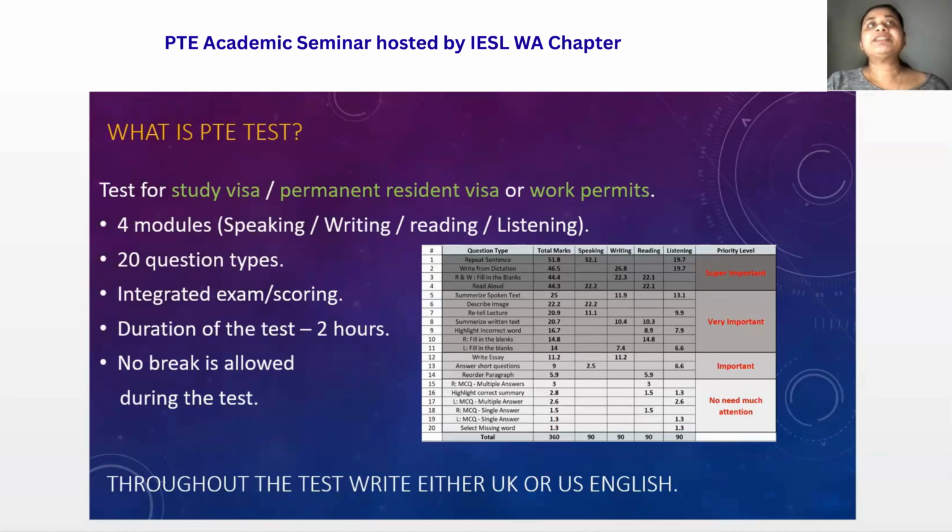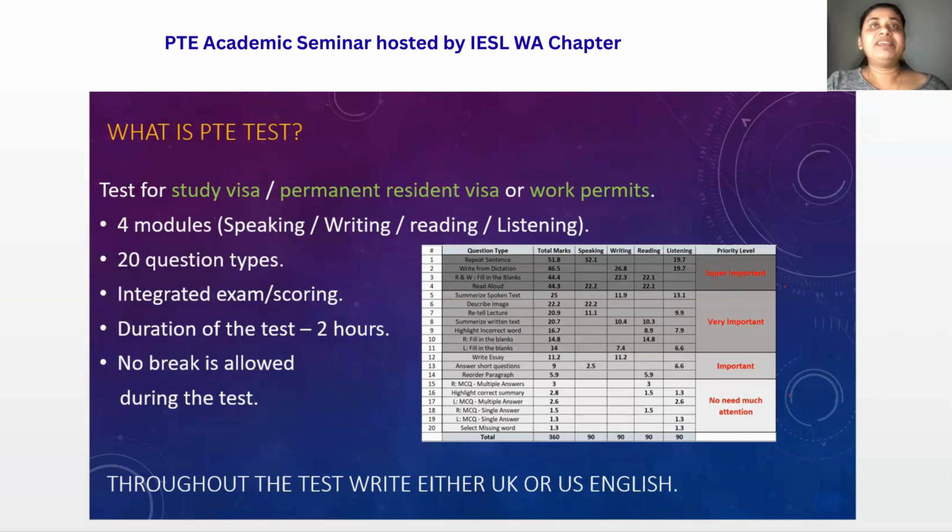This is an international English language test that is required to pass to get through for the study visa, permanent residence, or work permits. This basically has 4 modules: speaking, writing, reading, and listening. Altogether for this exam, you will get 20 different question types.